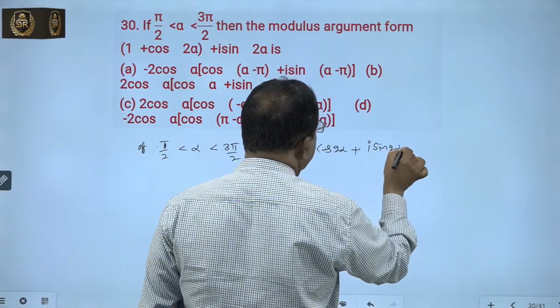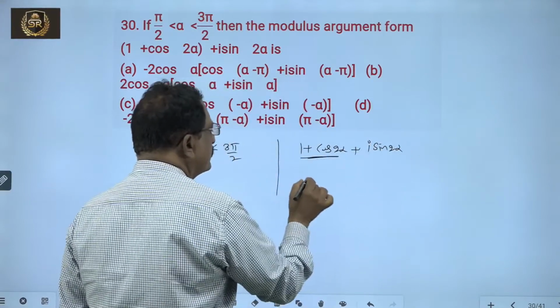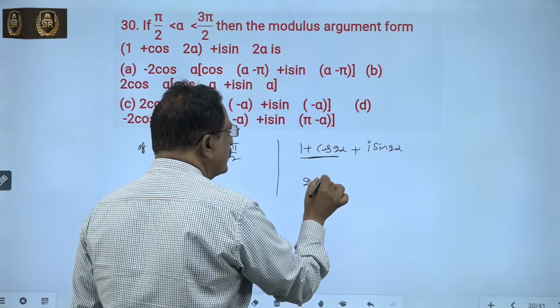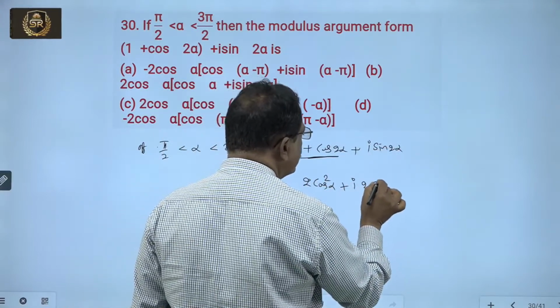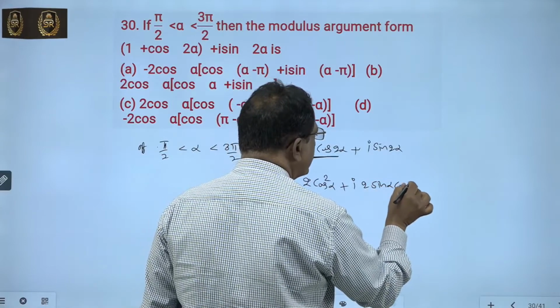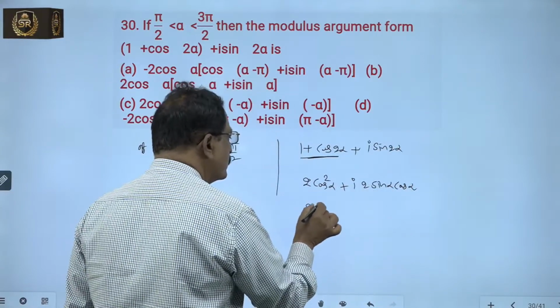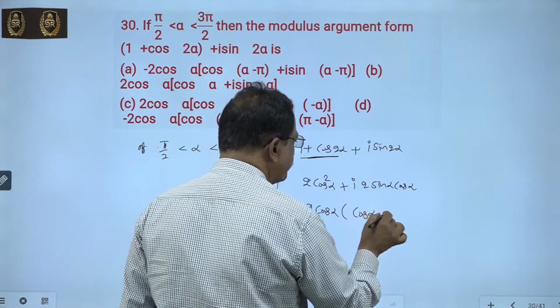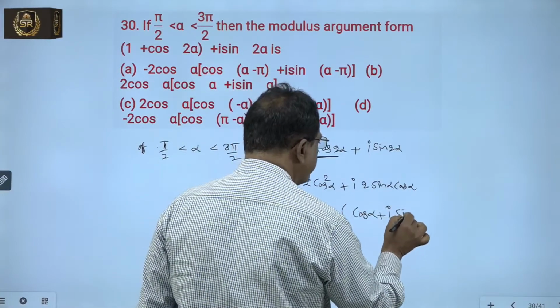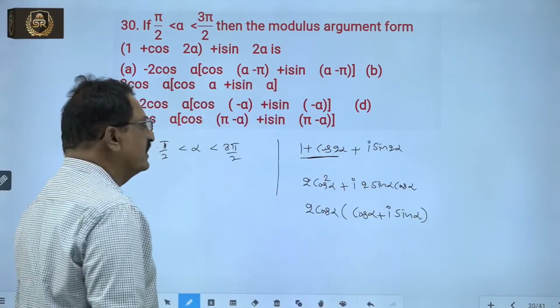Now 1 plus cos 2 alpha equals 2 cos square alpha plus i into sin 2 alpha equals 2 sin alpha cos alpha. Now take 2 cos alpha common, we get cos alpha plus i sin alpha.